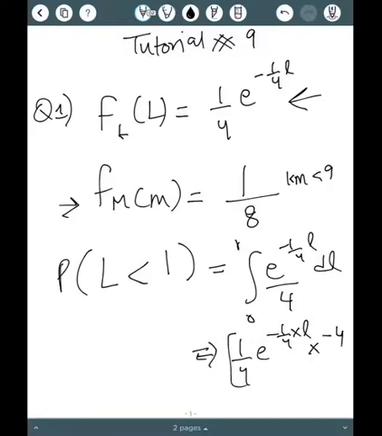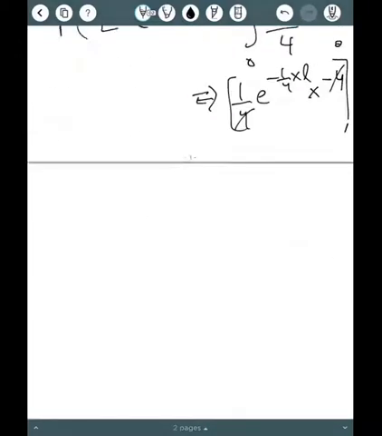और इस पे आपकी limits लगेंगी 0 और 1 की. तो 4 यहाँ कट जाएगा, so it will be minus e to the power minus 1 over 4 l, और इस पे limits 0 और 1 लगी हुई होंगी.